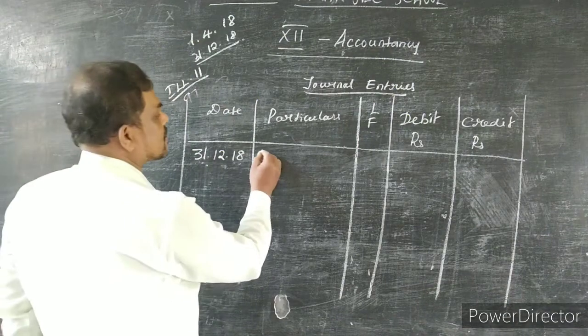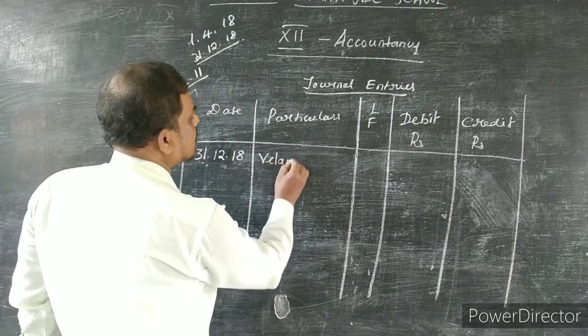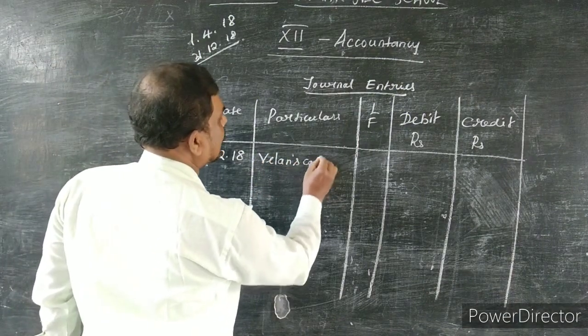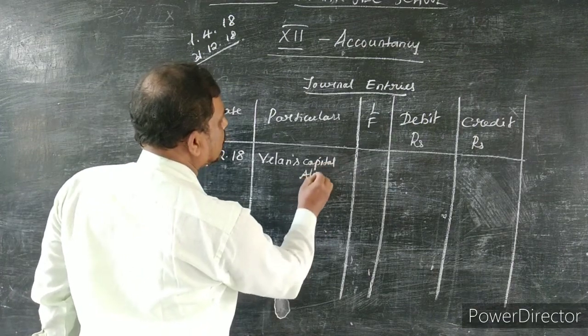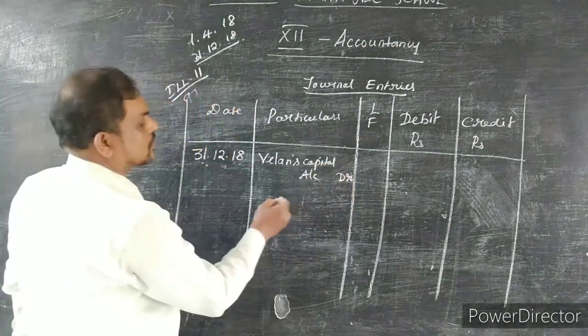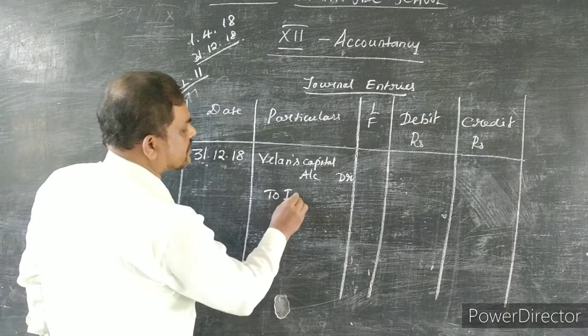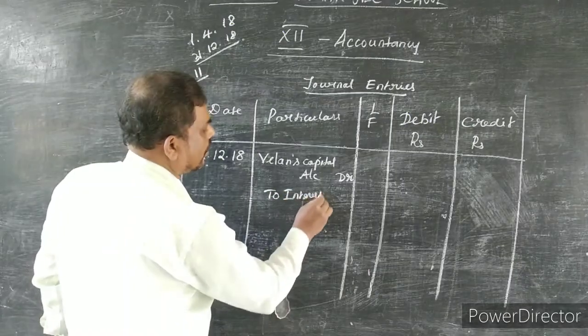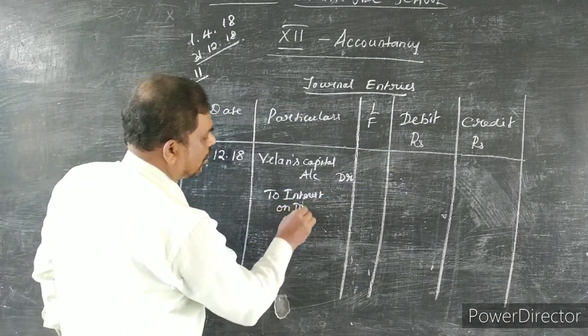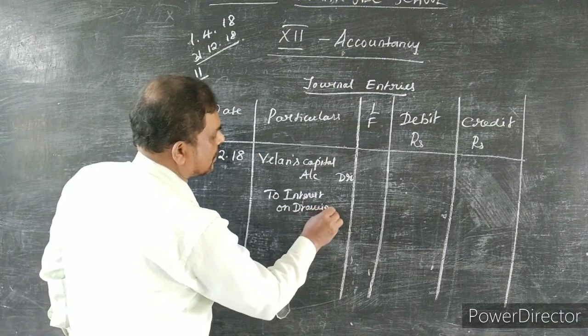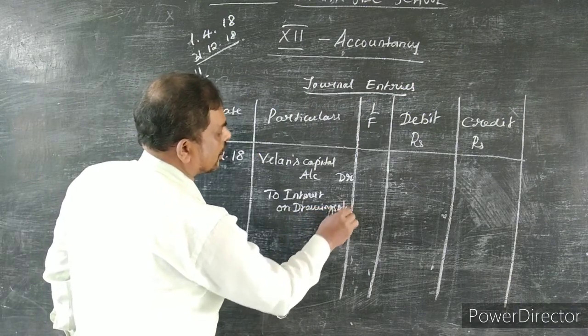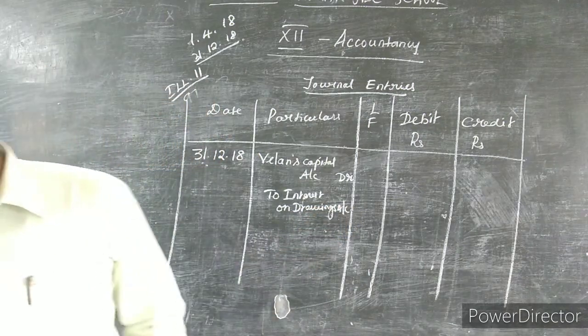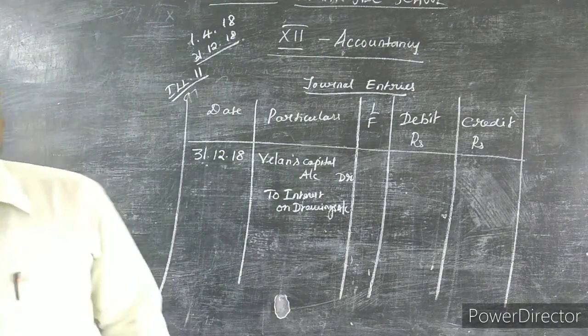So Varun's capital account debtor to interest on drawings account. Understood?